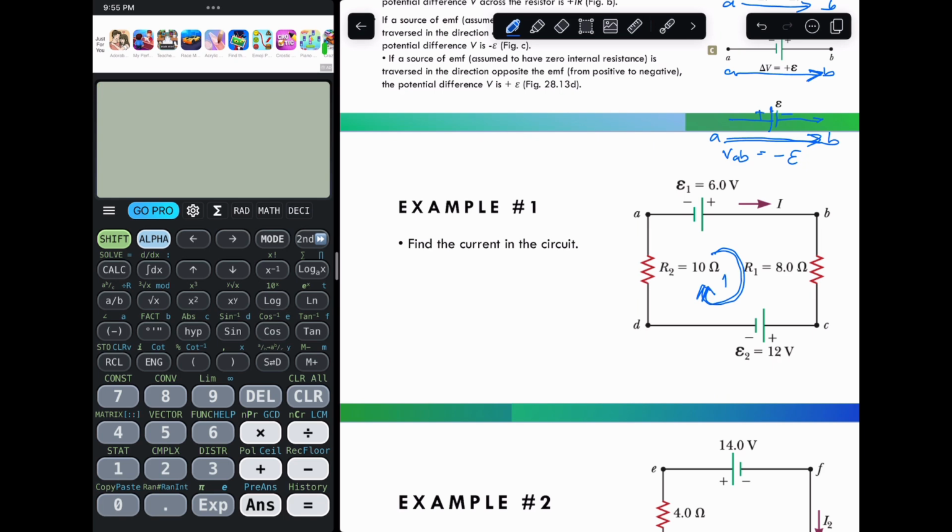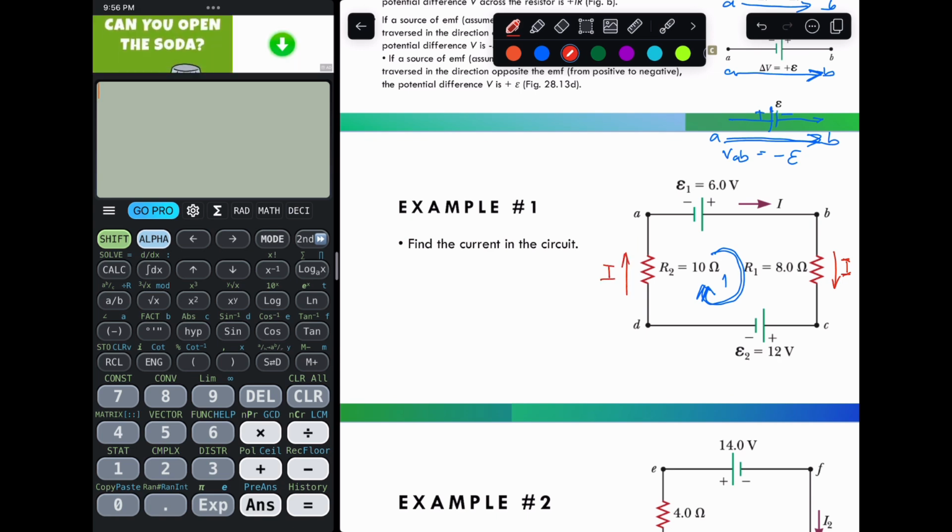Since my direction is clockwise, this is current I. Since the flow is going to the right, this would be the flow of the current I, through the 8 ohm resistor, and the same is true on the other side. So this would be the direction of I, so that there would be a continuous flow of the current. There should only be one flow for the current here. So it goes clockwise.